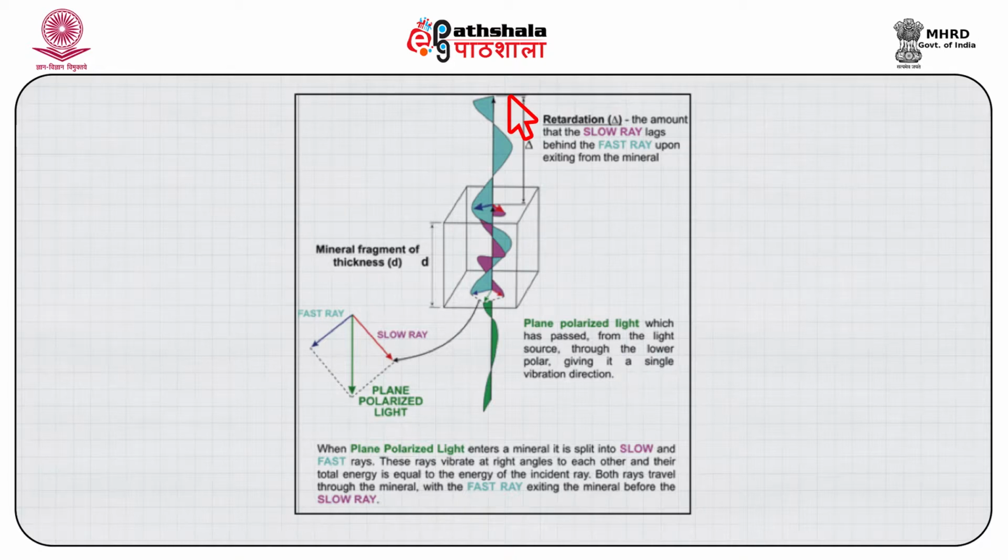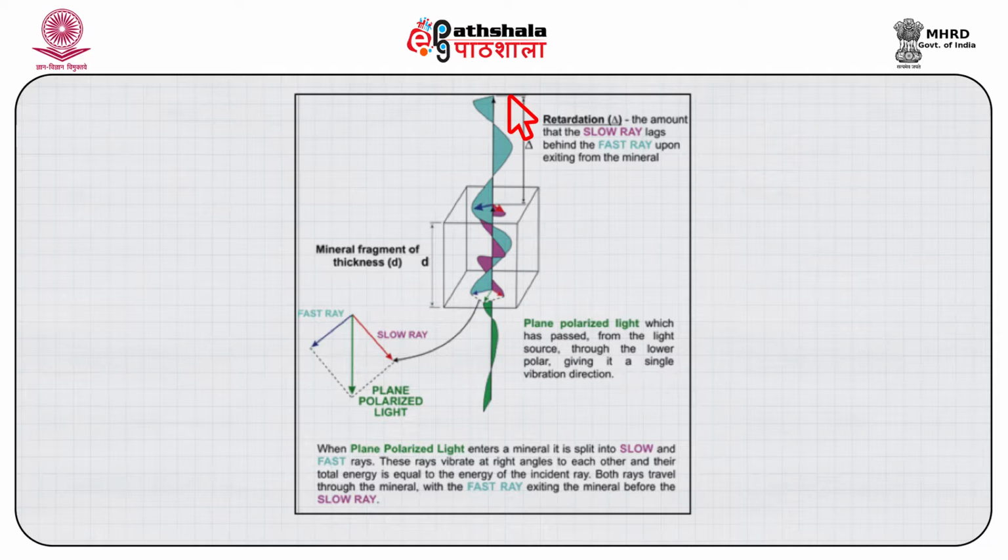There can be two situations. First one is when the light passes through the lower polar, it will first get polarized and then it will encounter the sample, in which it will get split into fast and slow ray. If the retardation of the slow ray, that is the lagging behind of the slow ray, is one whole wavelength, the two emerging waves are in phase.